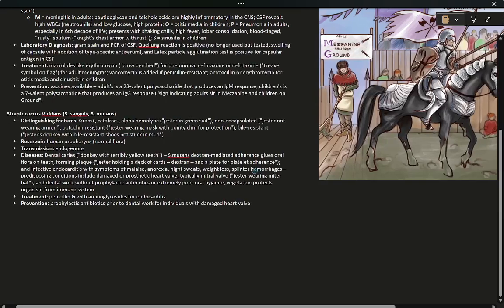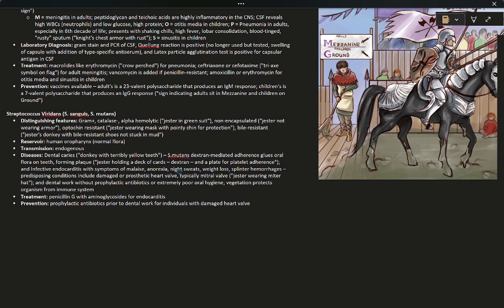So remember, this adherence is mediated by the dextran produced by the Streptococcus mutans. It glues oral flora together in the teeth, and that is why the plaque can be formed, and thus resulting in the dental caries disease.